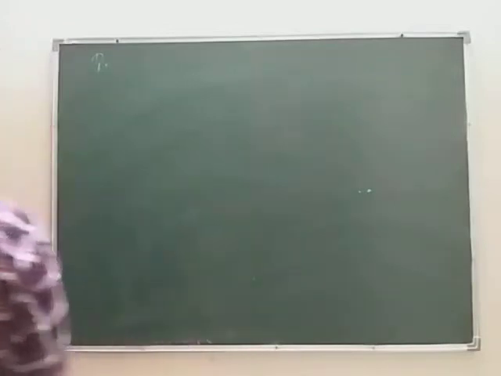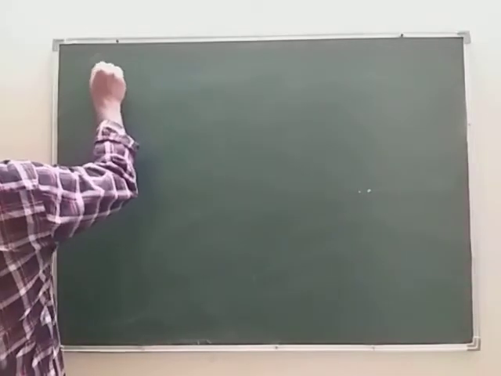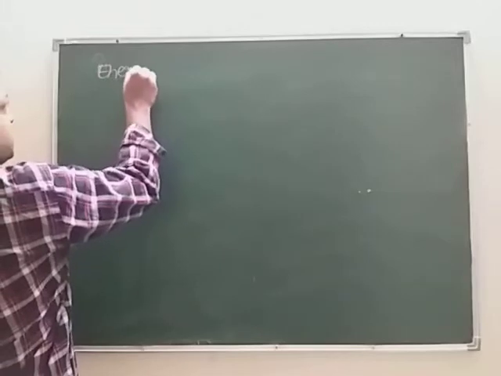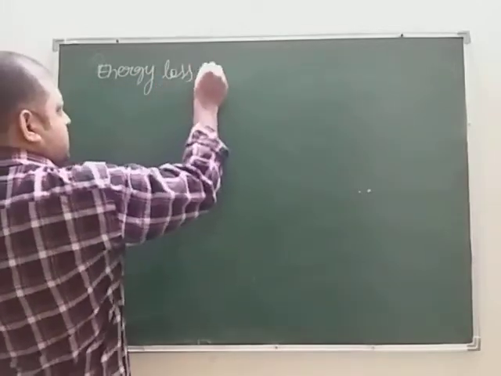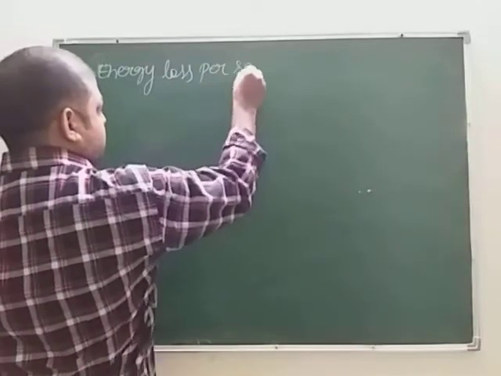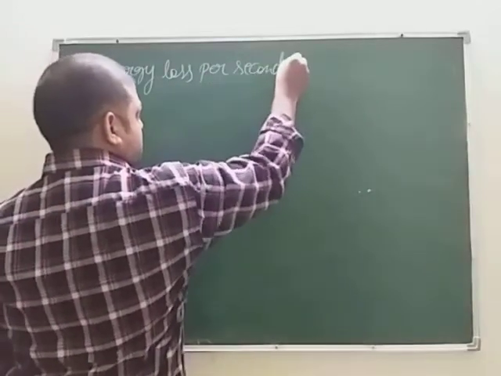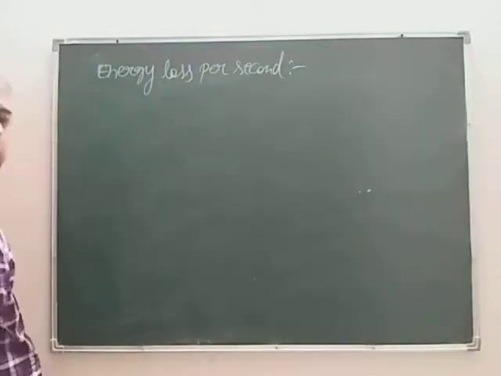What is the next point? Energy loss per second. In hysteresis, energy loss per second is defined by a formula. You can write it: volume of substance into area of BH curve into frequency.